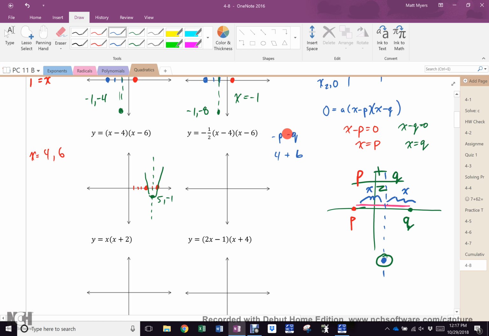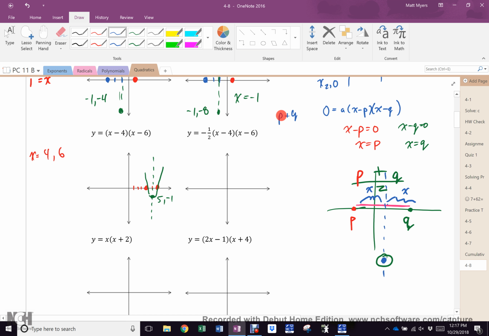Okay, so minus a minus, isn't that the same as adding? But we already tried that and it didn't work. Or did it? That says positive P, right?